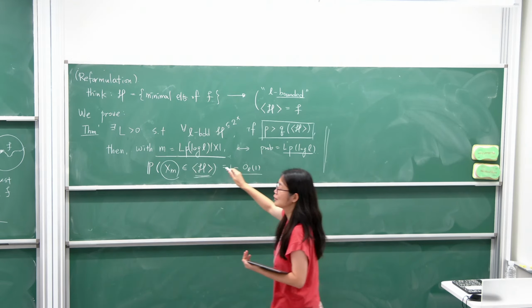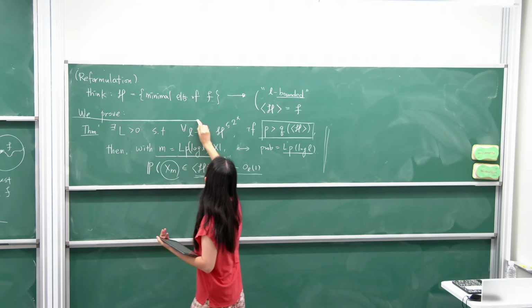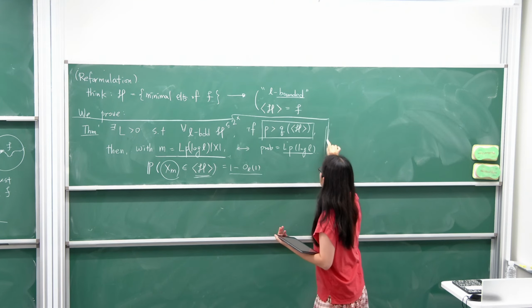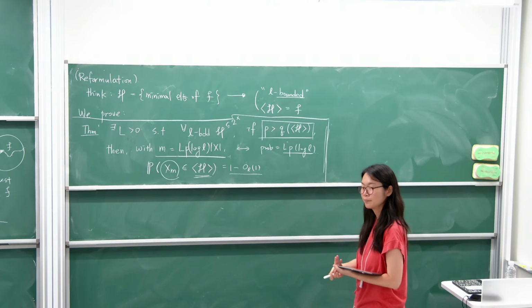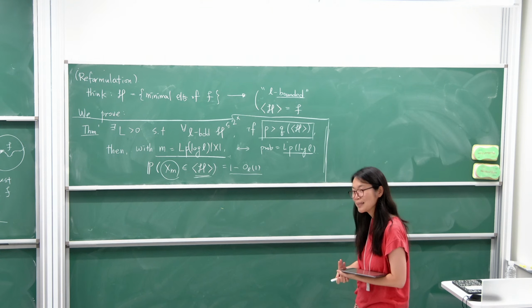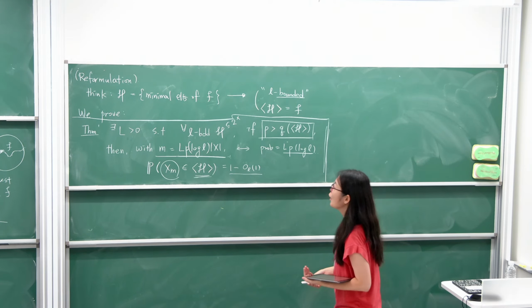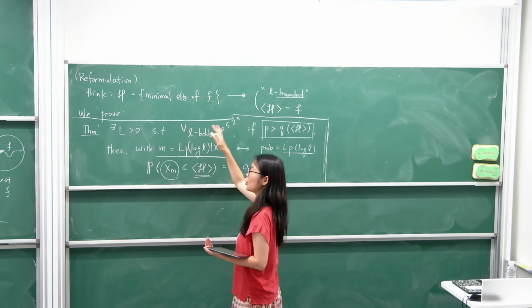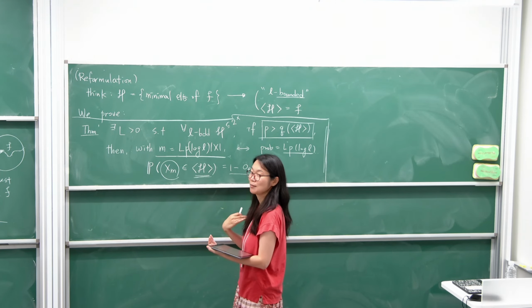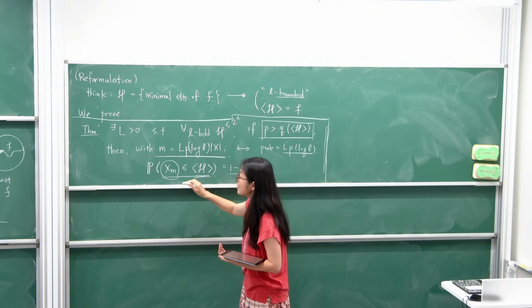So what we are going to prove is that if the size of X is larger than M, it's also going to satisfy the property. That's true because of our closure. If M is larger, that's favorable to us. What does this mean?